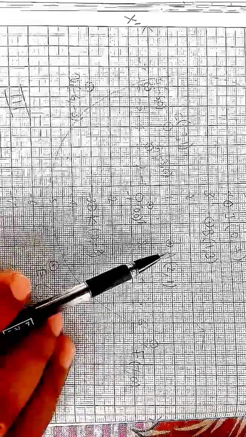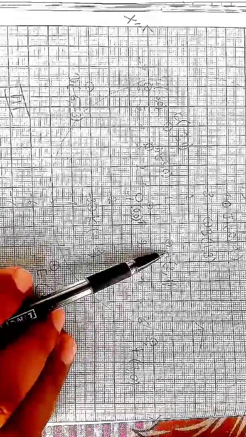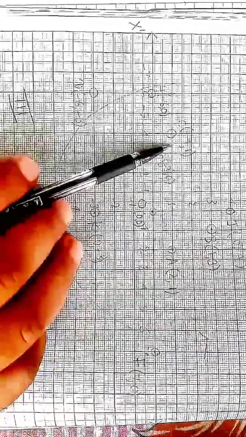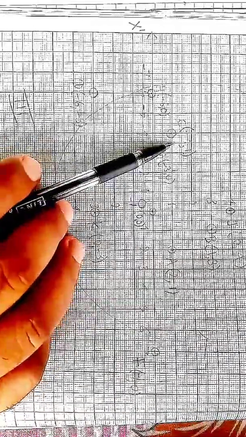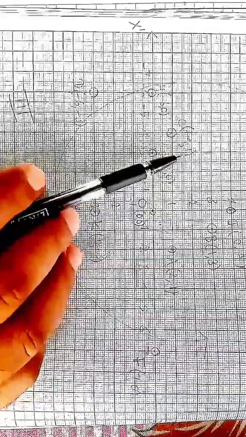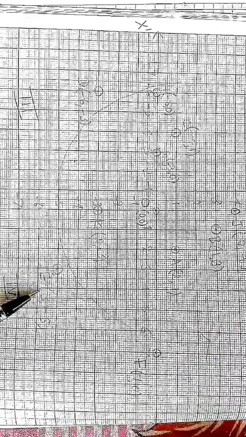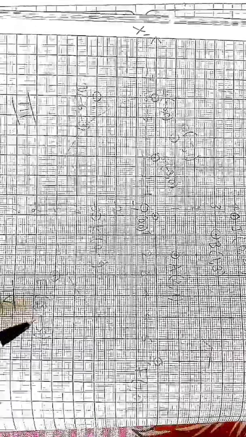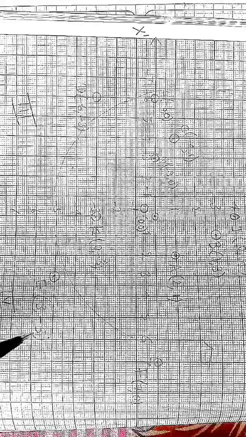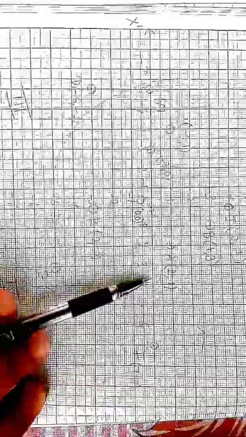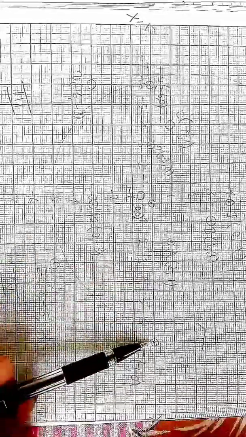We may see that a point in first quadrant has both coordinates positive. In second quadrant, x coordinate negative, y coordinate positive. In third quadrant, both coordinates negative. In fourth quadrant, x coordinate positive, y coordinate negative. We may take a point on x-axis. Here it is this point.